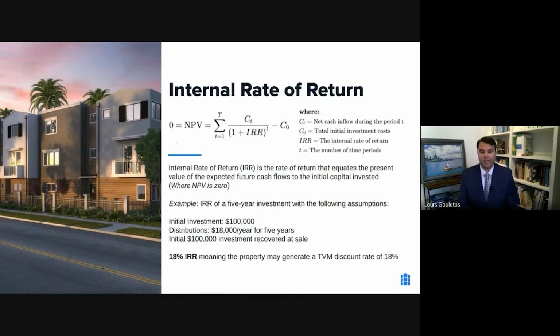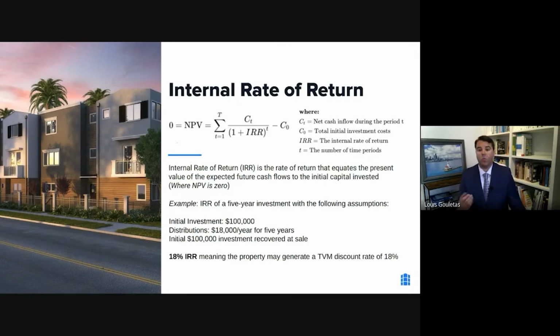So there's a lot of calculations that go into this. The point is that with net present value, we're no longer worrying about whether it is positive or negative and by how much. Instead, we're forcing it to be 0 mathematically so that we can get a rate of return that can be compared from property to property. Again, that's really what we're trying to do with a lot of these metrics: compare apples to apples across properties.